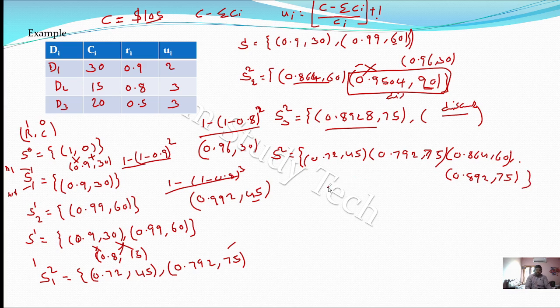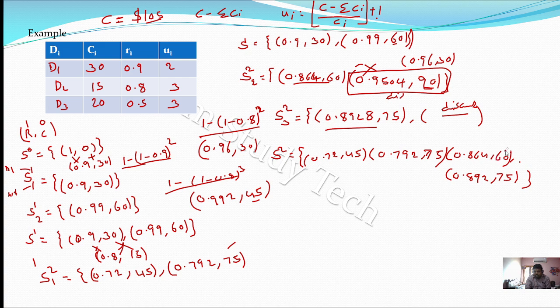So you can see one thing: here it is 45, it is 75, you can improve the reliability. Here it is 75, here it is 60, you can see improve the reliability, but the cost is 60. Here also you can see 0.892, it is 75.